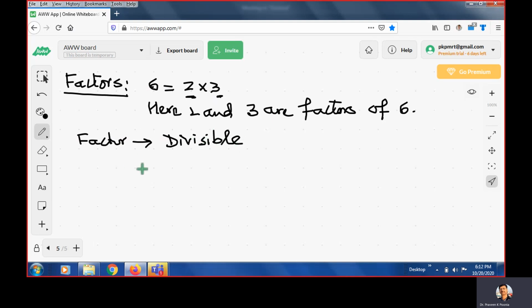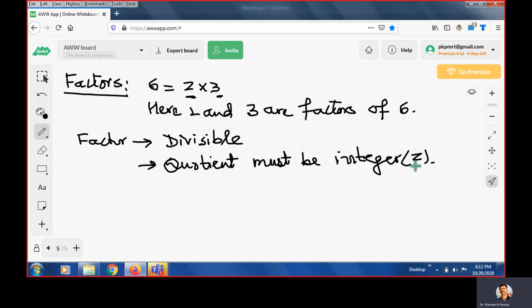Divisible means the quotient must be an integer. Integer means Z. The quotient must be an integer.